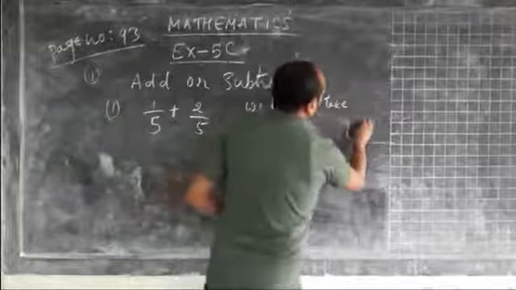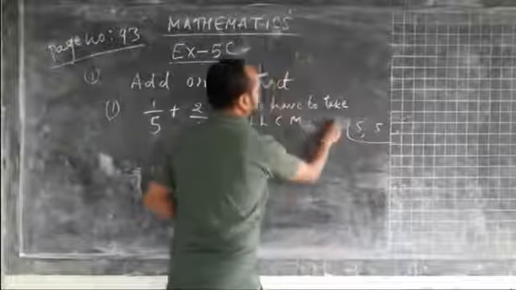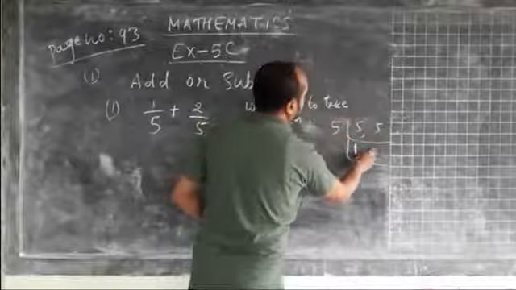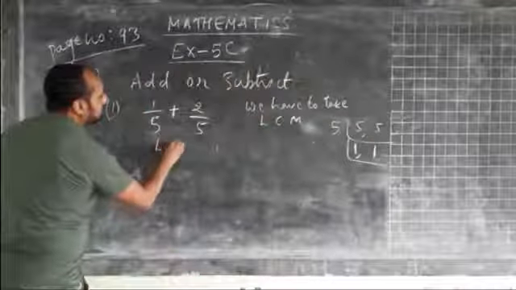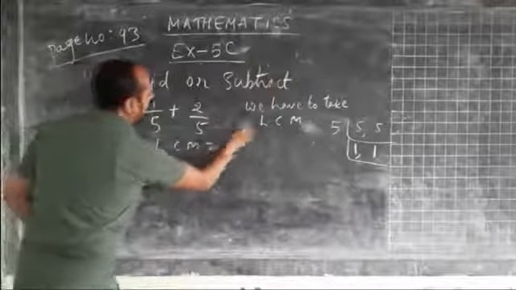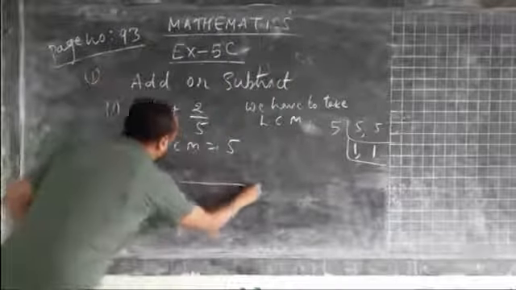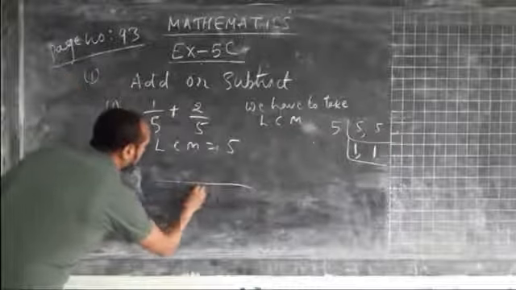So we have 5 and 5. If we divide, 5 ones are 5, 5 ones are 5. So LCM equals 5.